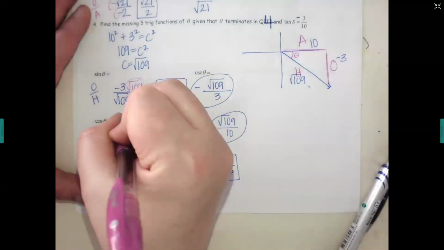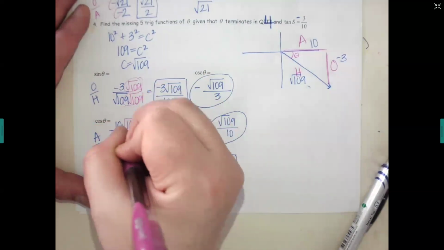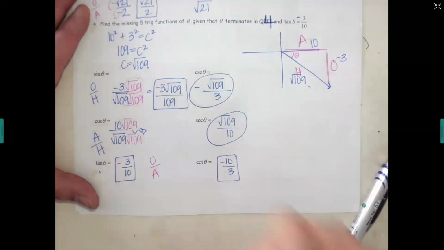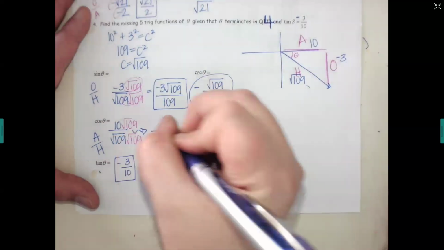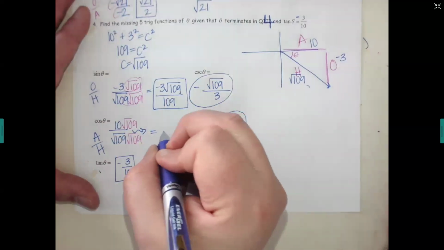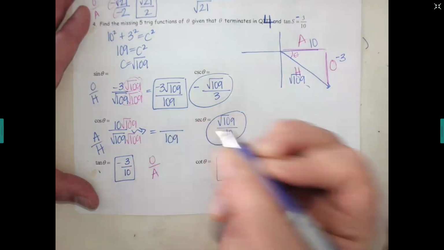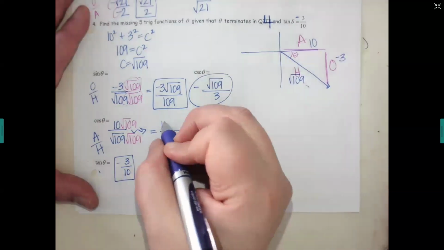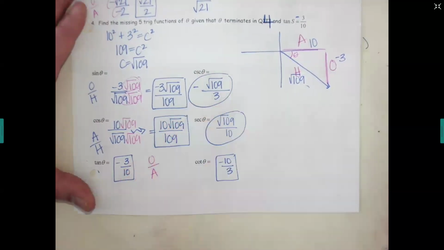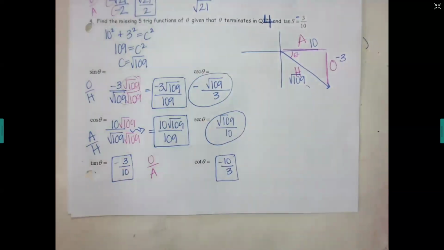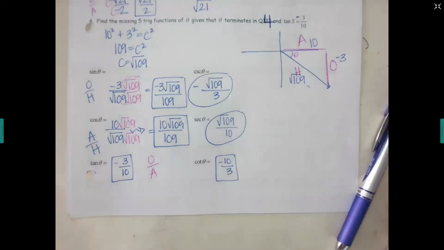So for this one, if I do root 109 over root 109, what would that be? The bottom would be 109, and then the top would be 10 root 109. Yes, correct. Okay, make sense? Yeah, that makes sense. All right, good job.